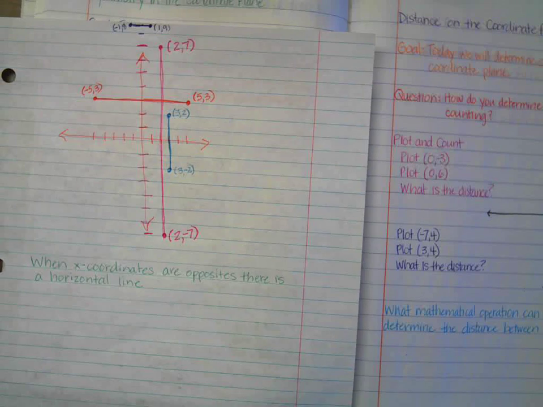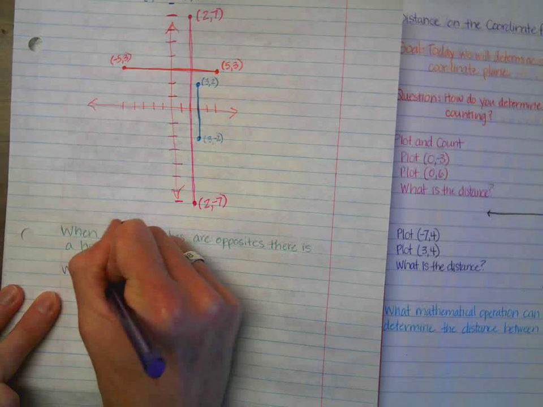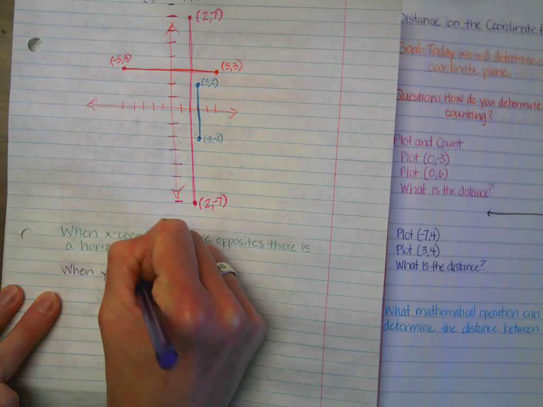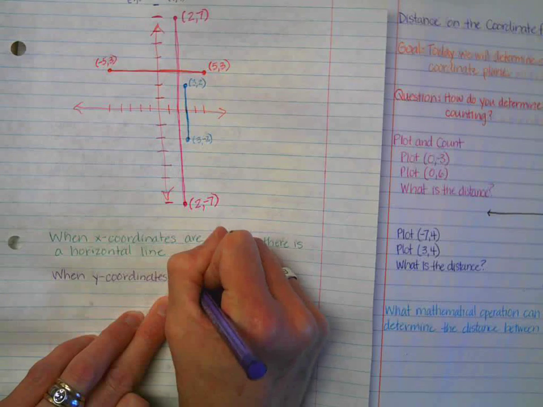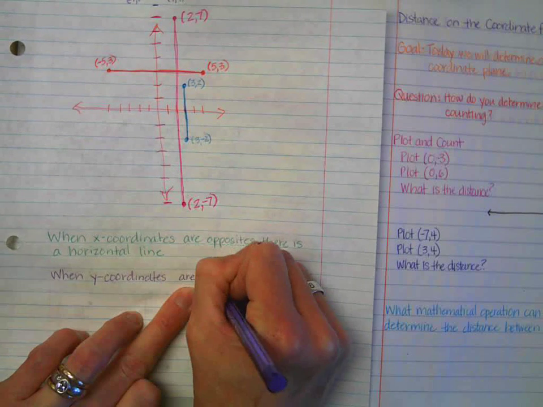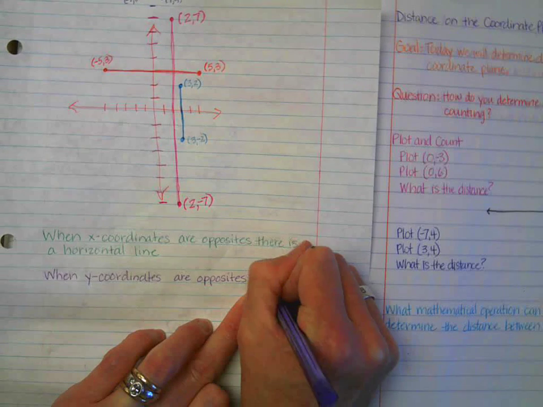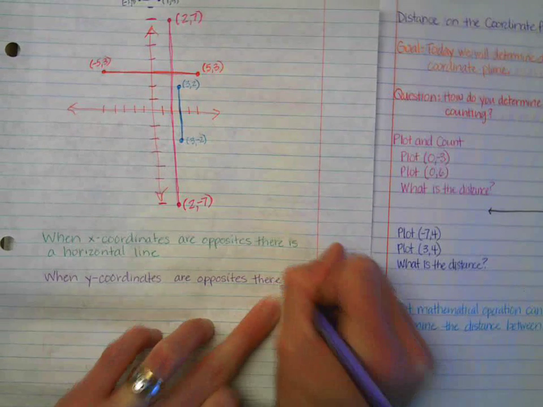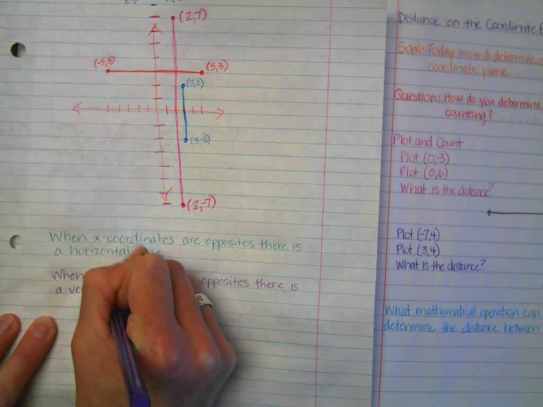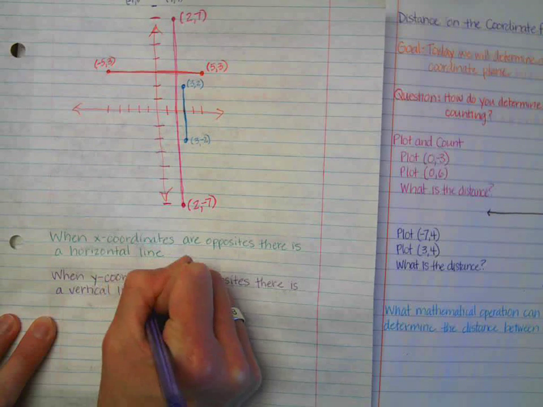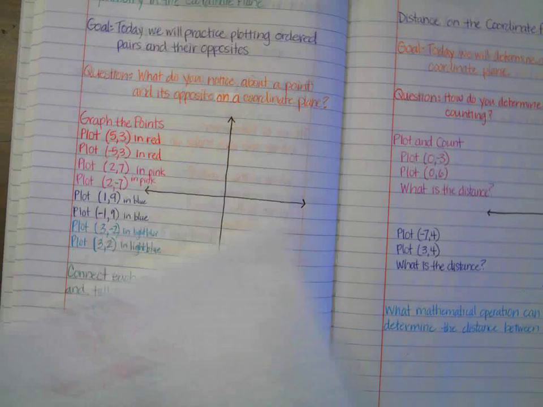When y coordinates are opposites, there is a vertical line. That was kind of interesting, wasn't it?